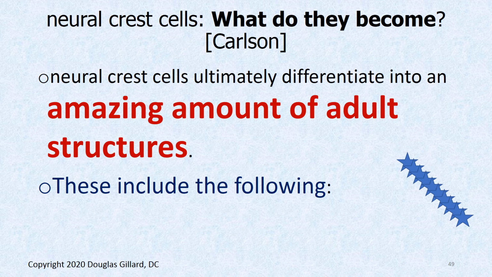Now, of all the stuff I've talked about, everything is important, but this is going to be really important stuff. All medical boards, to my understanding, and chiropractic boards, and I've said this before, they all like to ask you, what was the embryological start of this tissue?